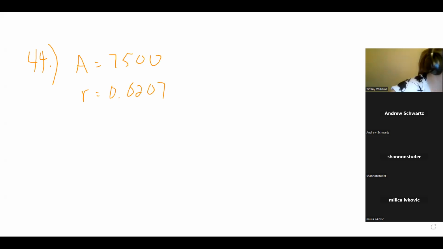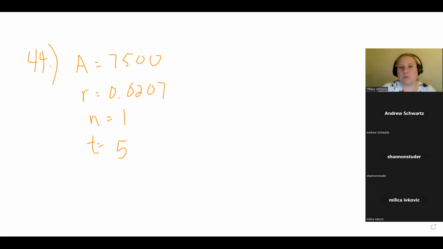This was our annual inflation rate. Our time is 5 years, because it was 5 years prior. And our N is going to be 1 because we're doing it once a year.